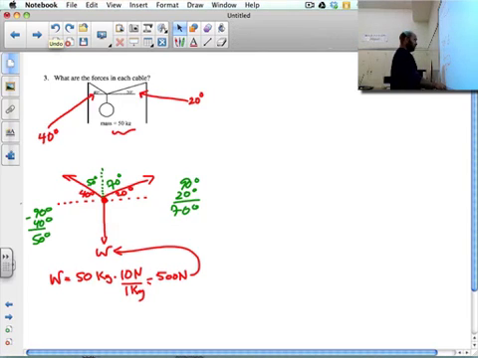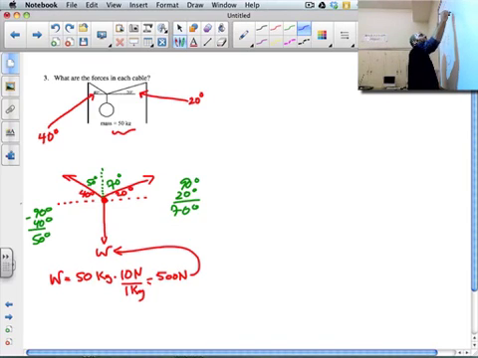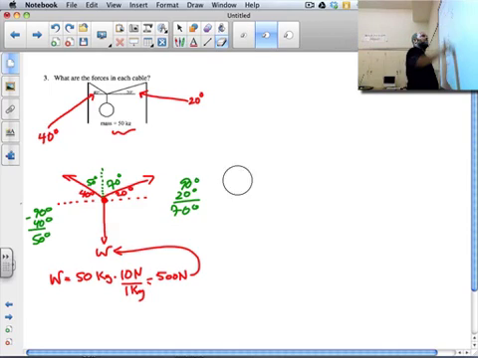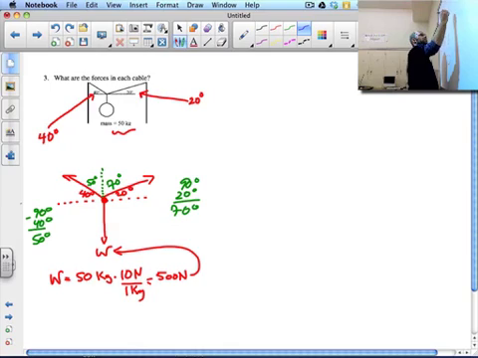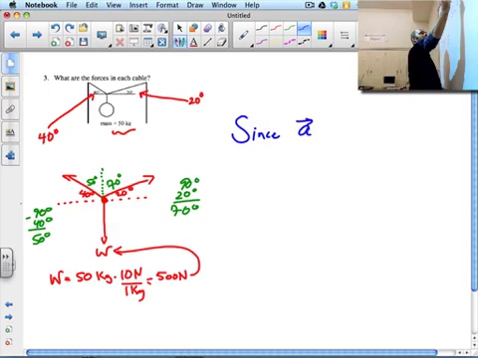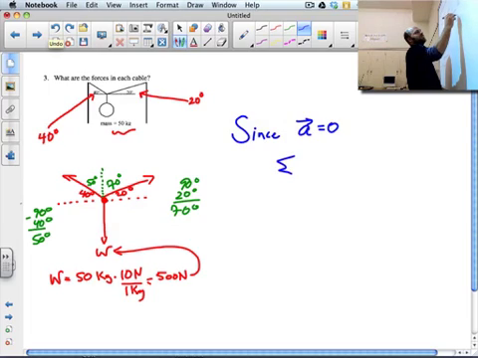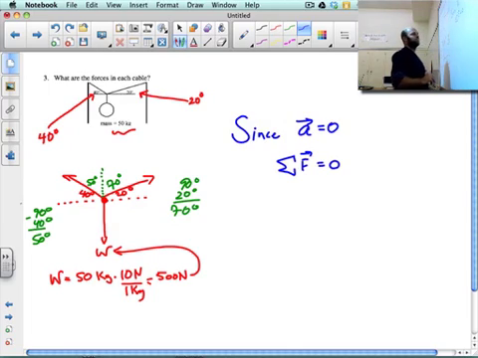Okay? So, fundamental logic: since our acceleration is 0, in other words, we're not changing velocity here, that means our forces need to add up to 0. So I might as well name this one T1 and this one T2.